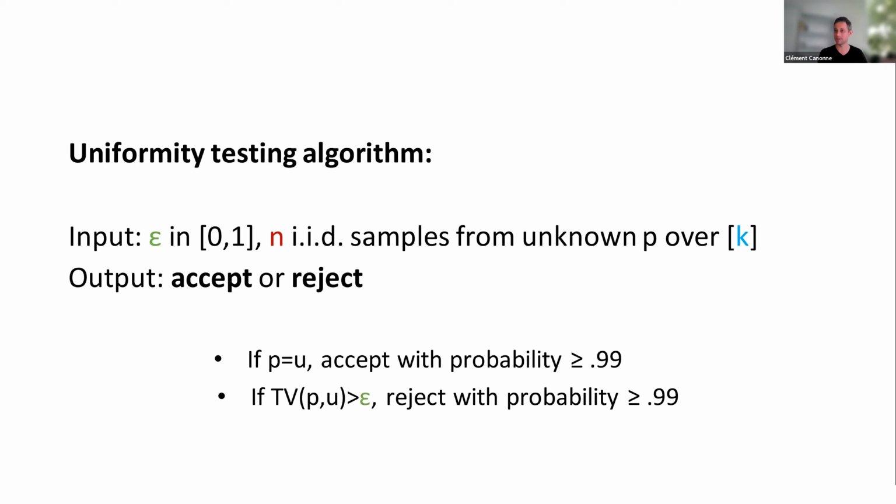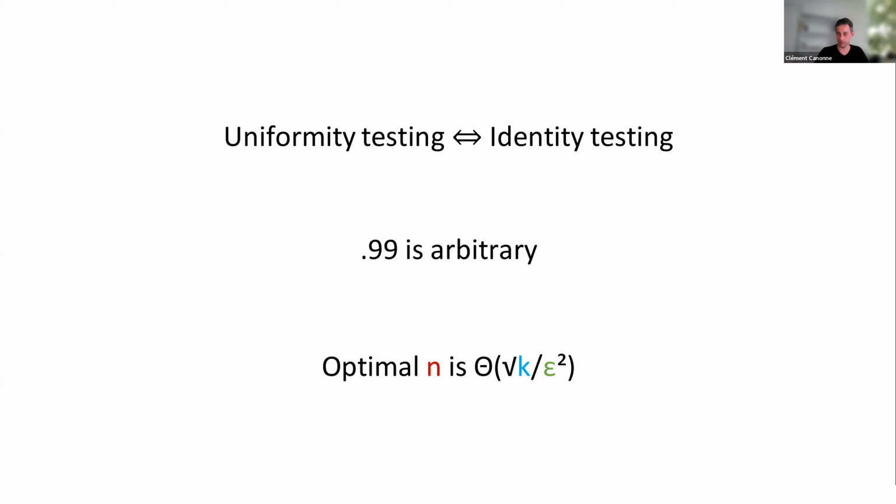As I said, if I can do uniformity testing, I can do the more general question, which in my community is called identity testing. Instead of uniform, you come to me saying, here's a specific distribution I have in mind. Oh, it's the binomial distribution with these parameters, or it's something strange where the probability to see element 17 is 0.23, the probability to see element 400 is 0.1, etc. Anything that you know explicitly, and you want to test whether the unknown distribution is equal to that.